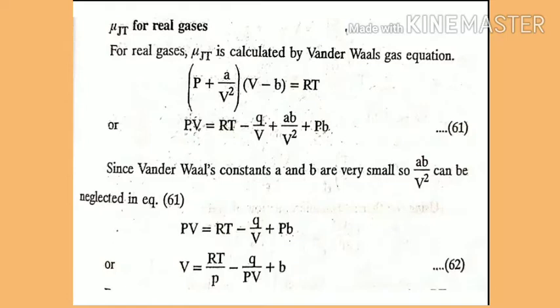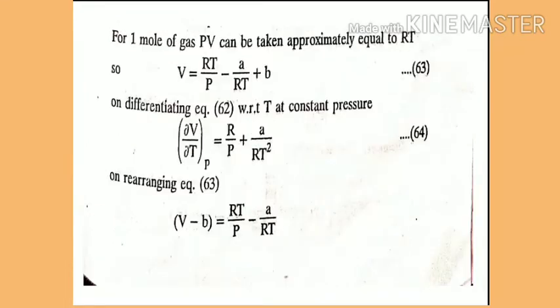So the first term will be R upon P. Otherwise we can also differentiate equation 63 with respect to temperature T at constant pressure.